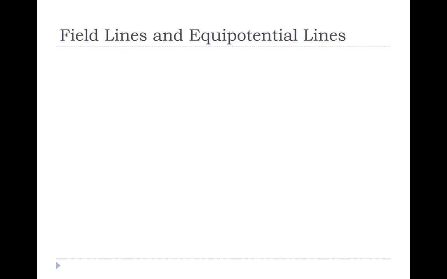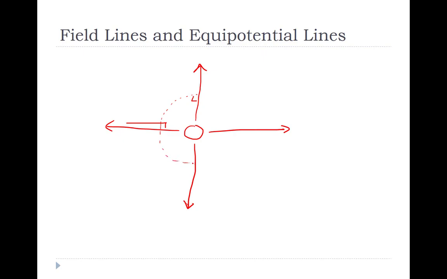I mentioned this in the last section, but if we have a point charge, let's make it a positive point charge with the electric field pointing out everywhere, and I want to find lines of constant potential, then what I have to do is make sure that the potential lines are always perpendicular to the field lines.